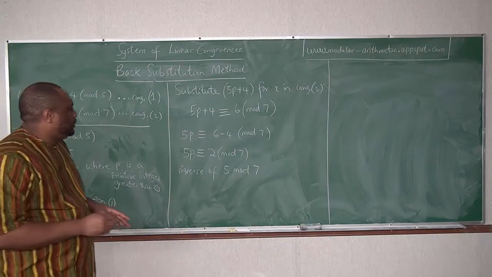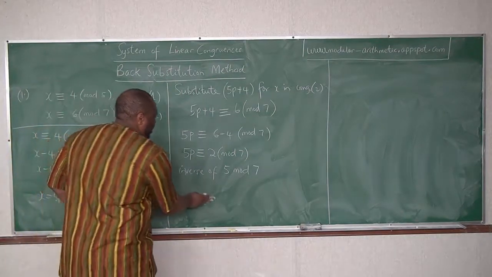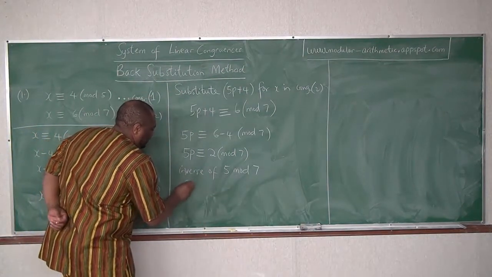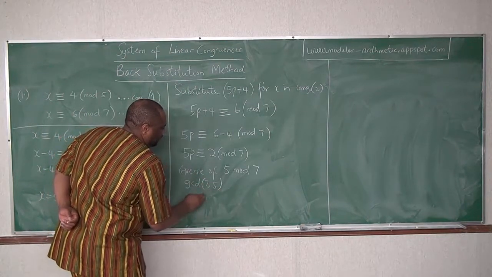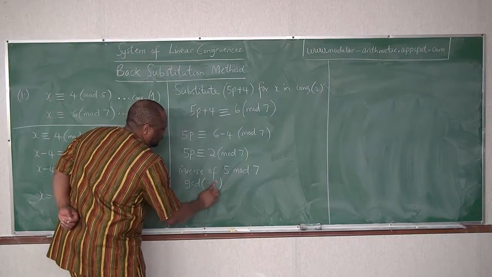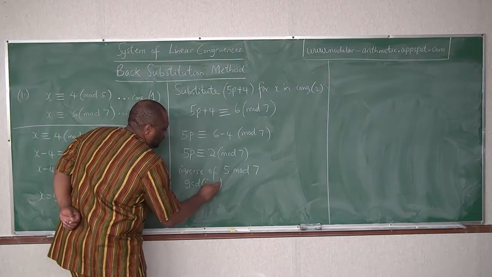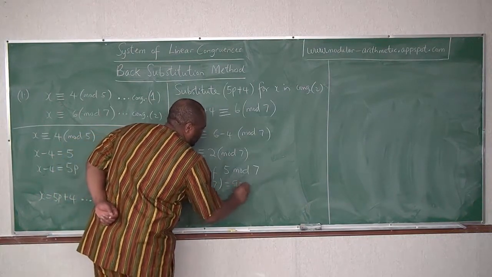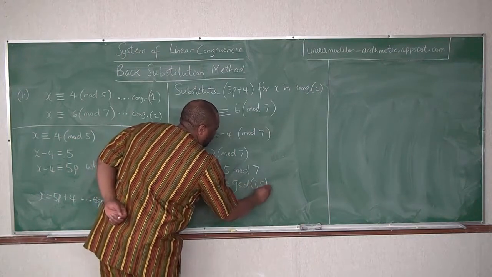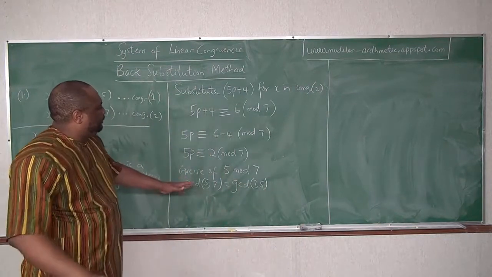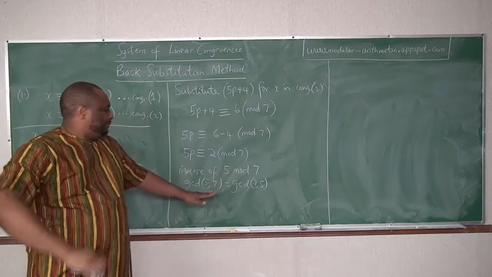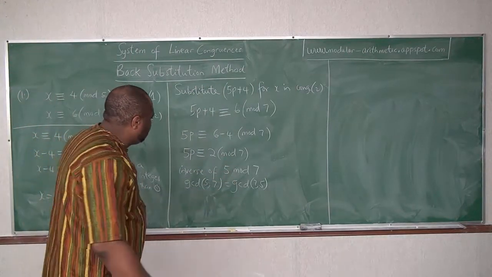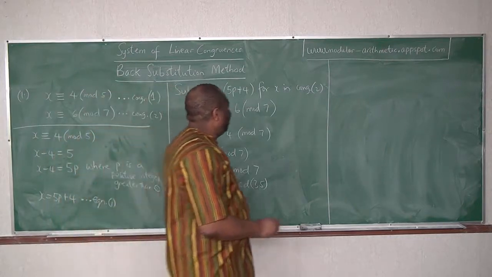Okay, so we look at the GCD of 7 and 5. Please, that is why I said you need to view this from the beginning. Okay, so let's find the inverse here.